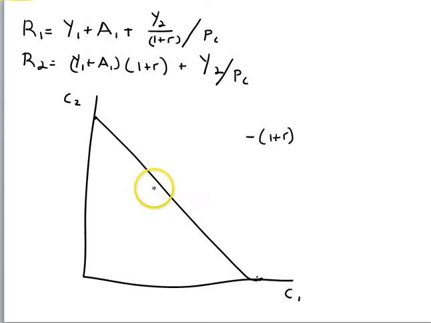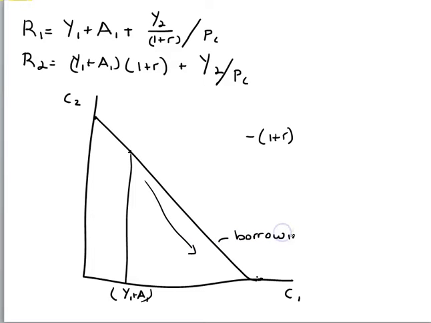So let's say this person is consuming their income, or if we have assets, their income plus their assets. Anywhere down here, this person must be borrowing. And anywhere up here, this person must be saving.